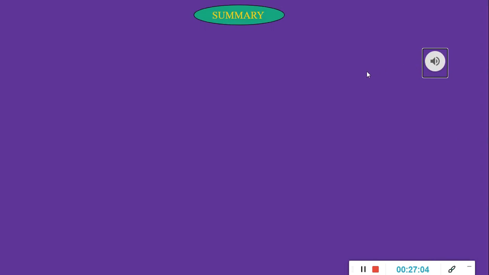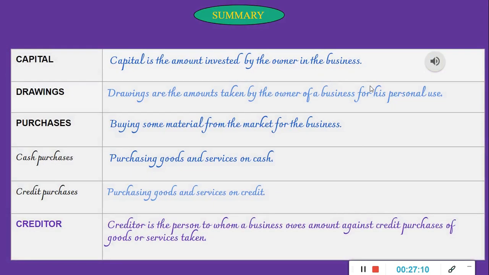Now just to recollect today's topics, right? So first point was capital. Capital is the amount invested by the owner in the business, right? Second point was drawings. Drawings are the amount taken by the owner of a business for his personal use. Third, purchases.